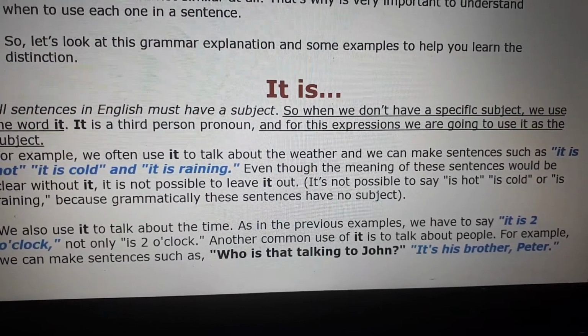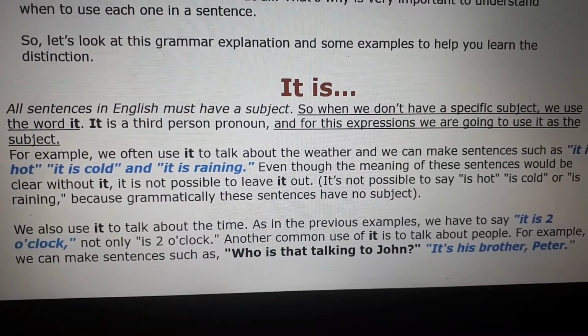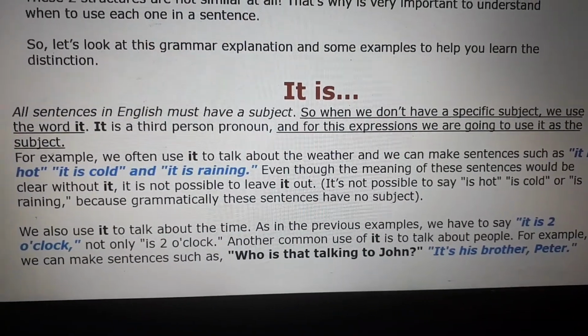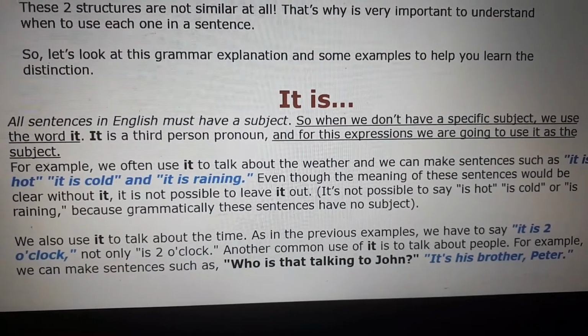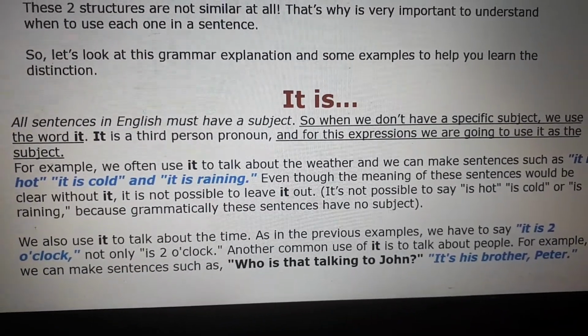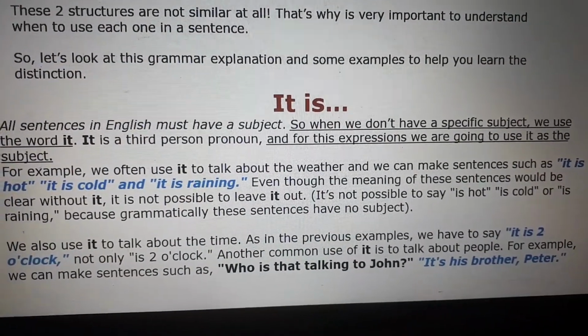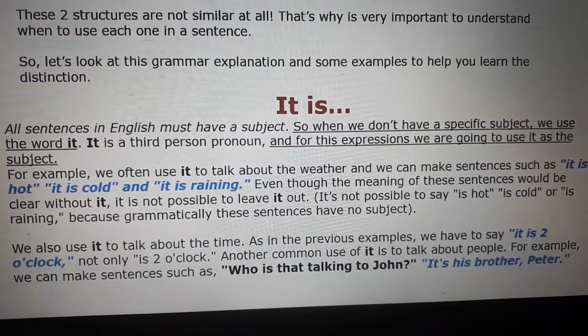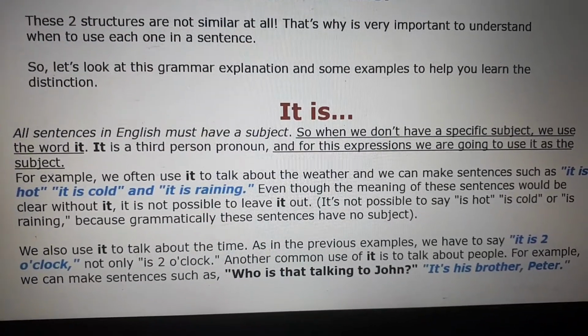We have to say it is raining or it's raining, okay? Because grammatically, these sentences have no subject. If you say is hot, where is the subject? Hot is an adjective, okay? So we need the subject. That's why we need to use it. So in it is hot, it is the subject.